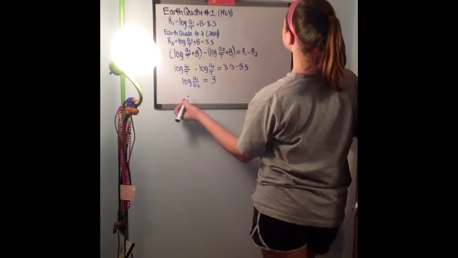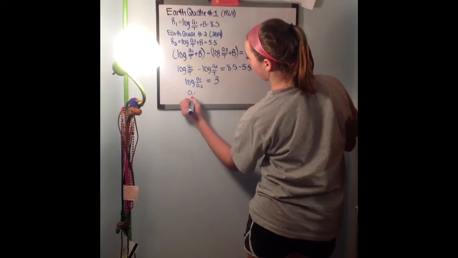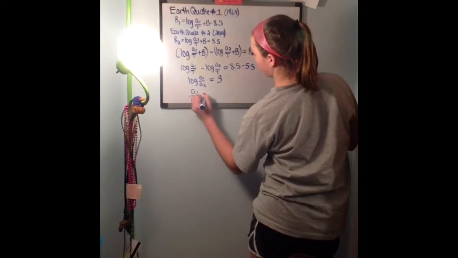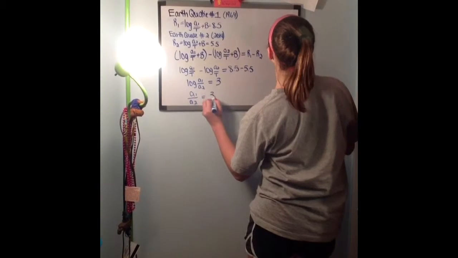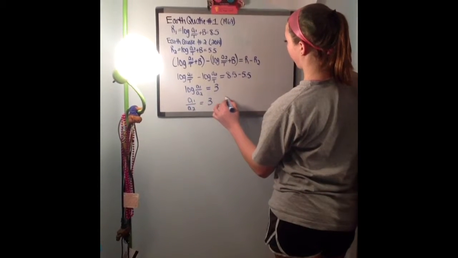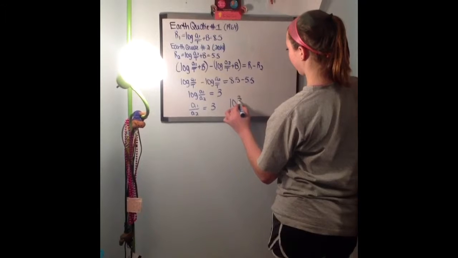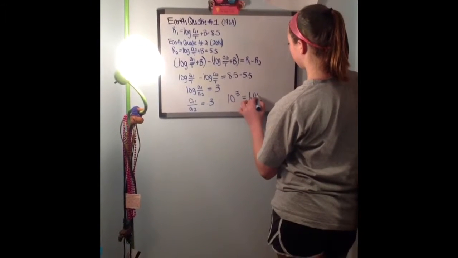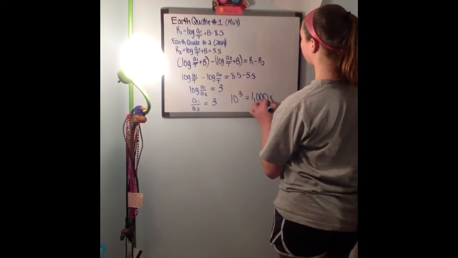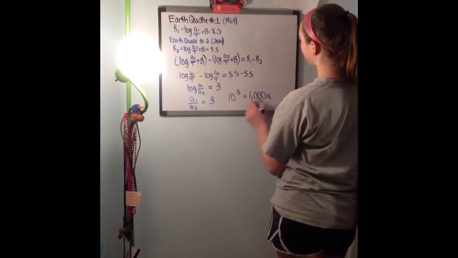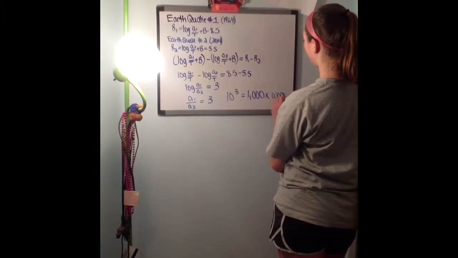We then take A1 over A2 equals 3, and we know that this is 10 to the third, which is also 1,000. So we now know earthquake number 1 was 1,000 times worse than earthquake number 2.